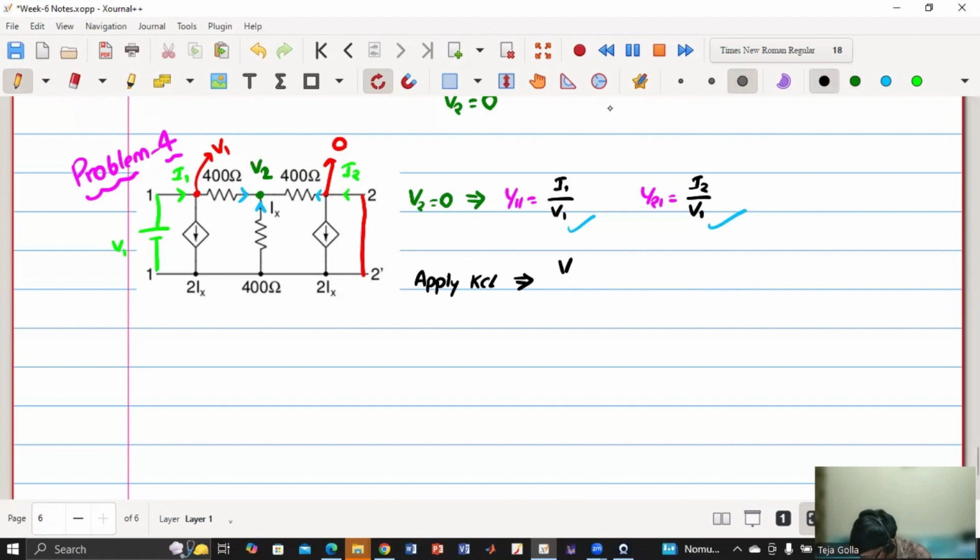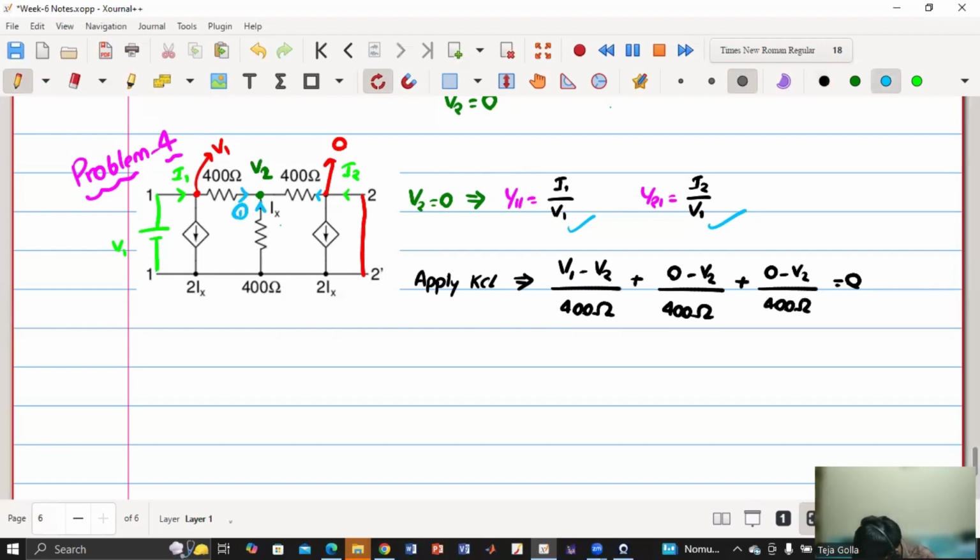If I apply KCL, we get (V1 minus V2) by 400 ohm plus (0 minus V2) by 400 ohm plus (0 minus V2) by 400 ohm equals 0, because this is 1, this is 2, and this is 3. So this part is clear, how we are getting it in terms of V1 and V2.